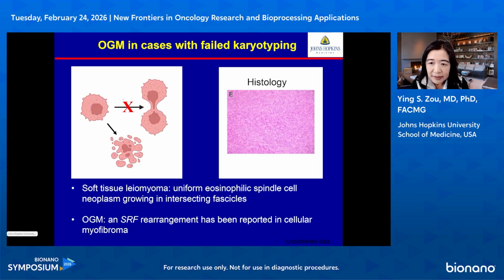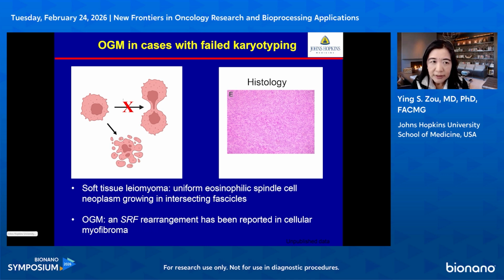So OGM successfully detected pathogenic and important structural and copy number variants in nearly half of the specimens in this study, even for the samples with normal karyotyping.